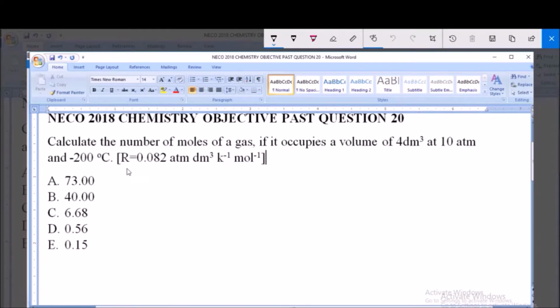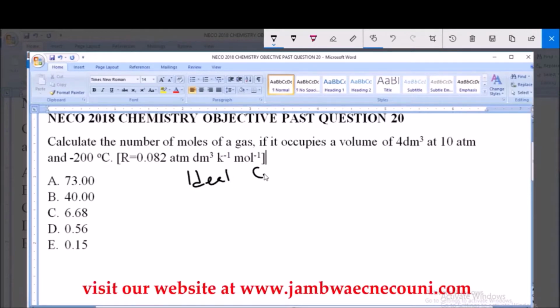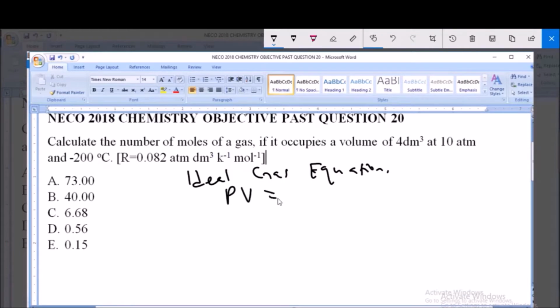So from the variables given to us in the question, this is a calculation involving the ideal gas equation. And the ideal gas equation is given as PV is equal to nRT.